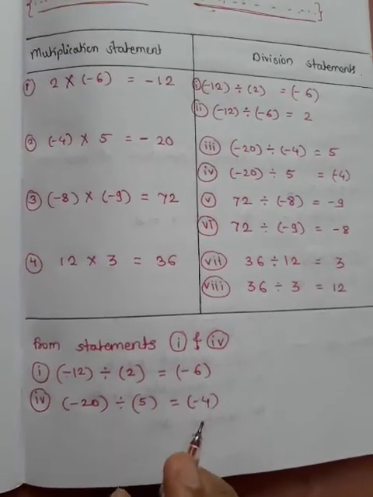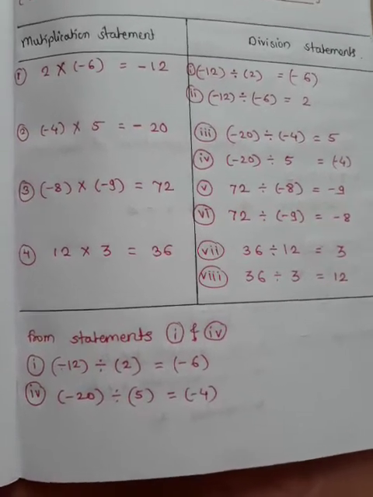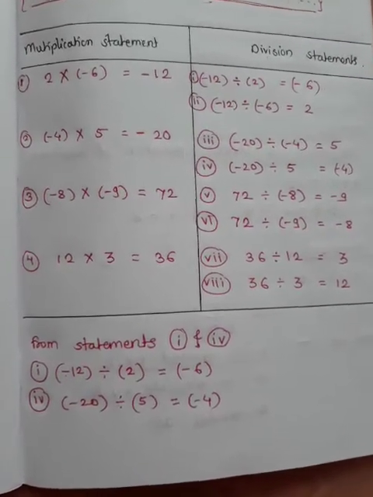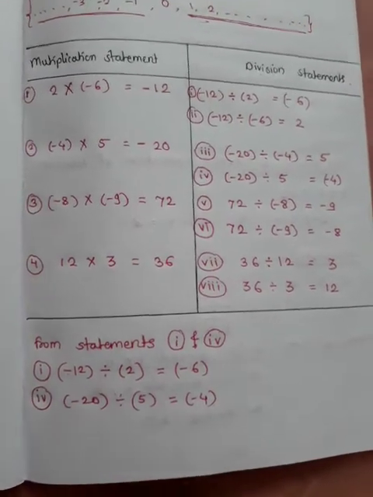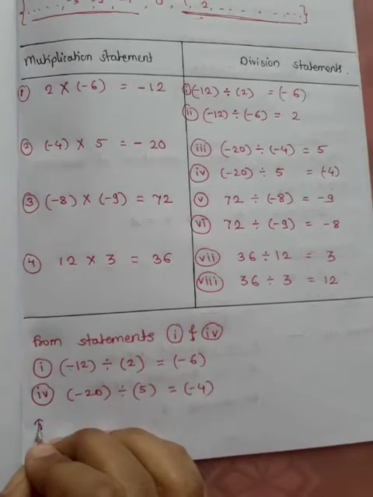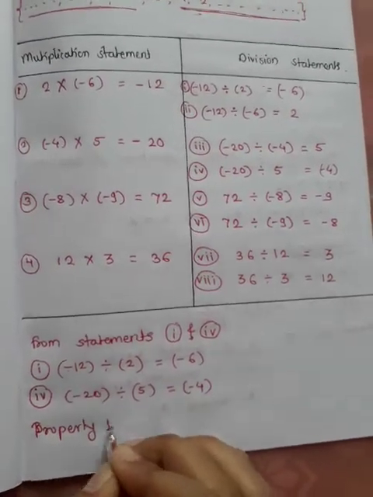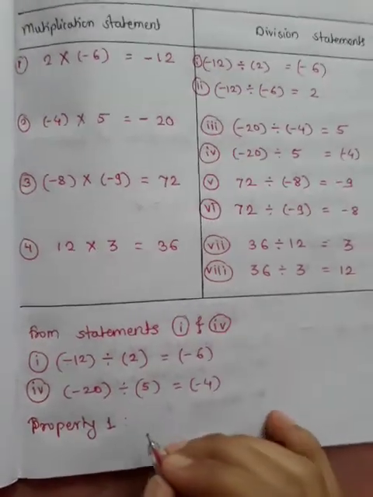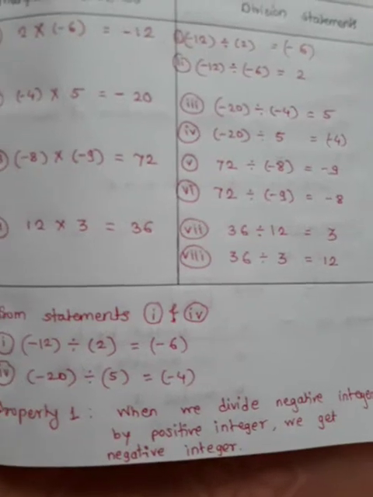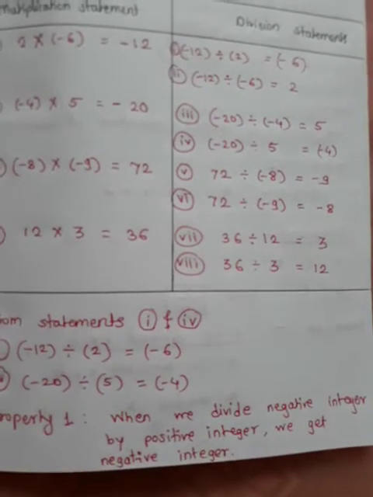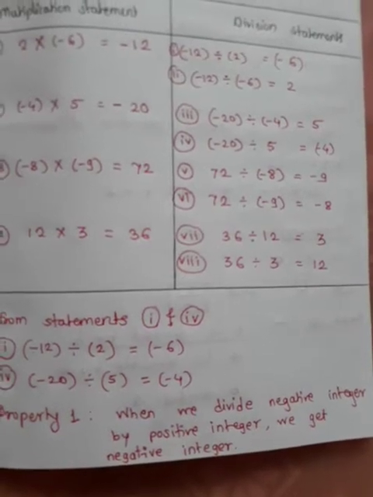So what is the first property in division? Property 1 related to division is: when we divide a negative integer by a positive integer, we get a negative integer.